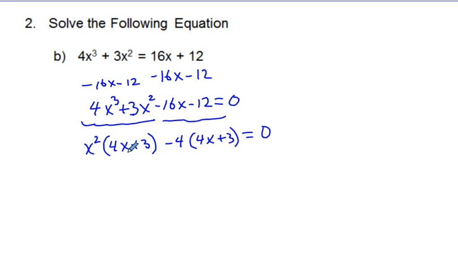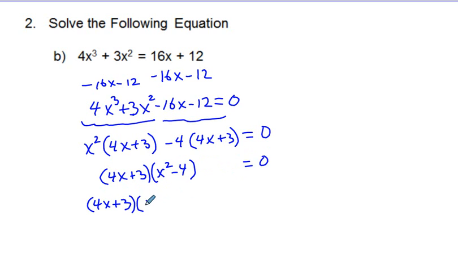We have a common factor now, so we can rewrite this expression on the left as quantity 4x plus 3 times quantity x squared minus 4. And x squared minus 4 we can further factor as quantity x plus 2 times quantity x minus 2 is equal to 0.